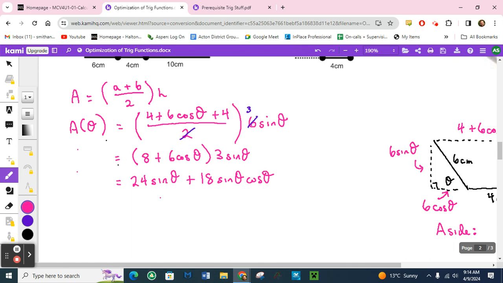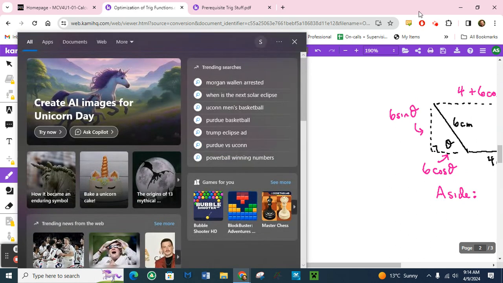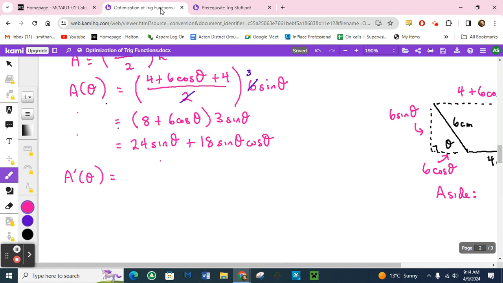Moreover, it's kind of in a form. I think it's reasonable that you guys could find this derivative. Can you guys give that a go? I won't leave you hanging. I'll come along for the ride too. But can you guys at least start? Try to find that derivative, A prime of theta. It's not so bad. 24 sine theta, it's not bad to do. And then the second part has a sine theta, cos theta. It's the product rule.